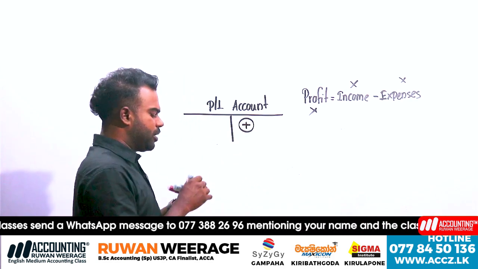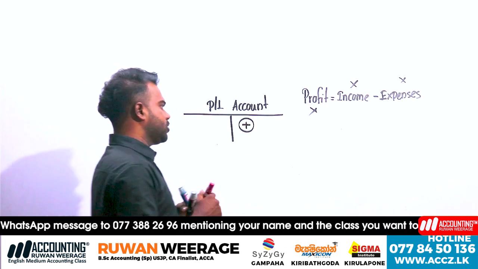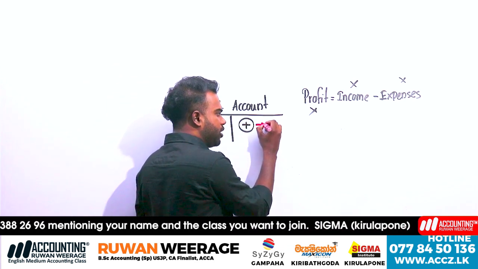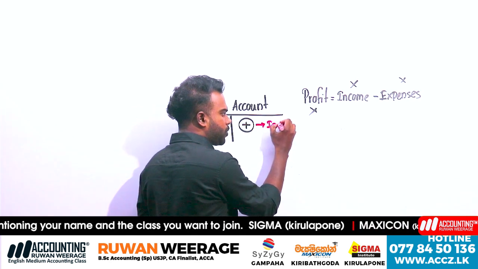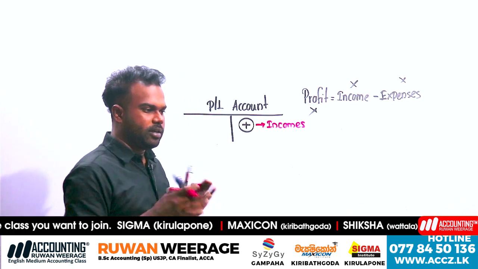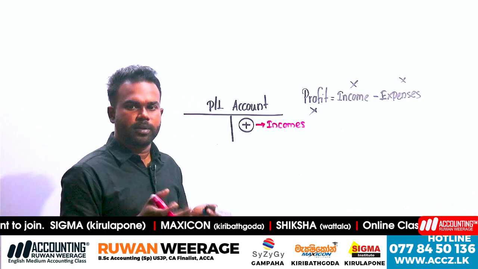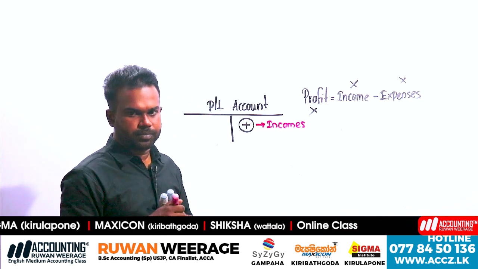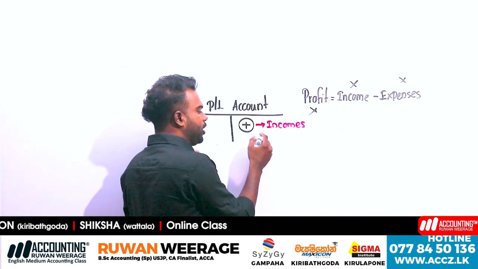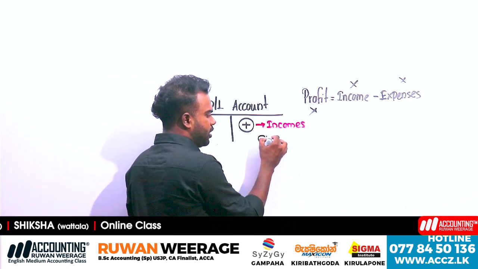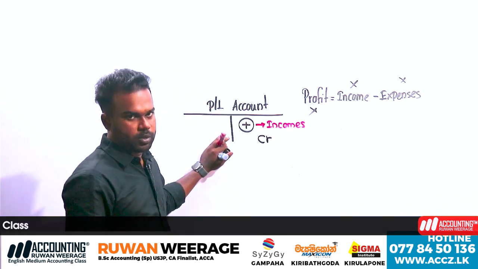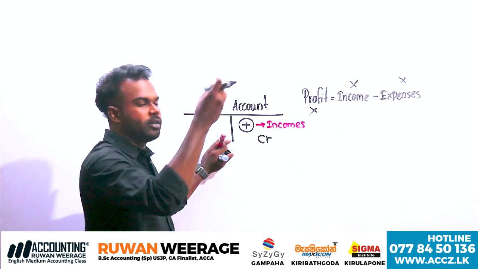But keep in mind, because when income increases, what happens to profit? Profit increases. Understood? So when you see the words P&L credit, it increases the profit, it will impact to increase profit.